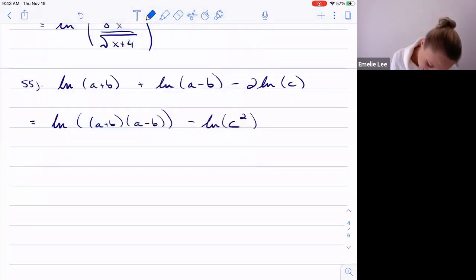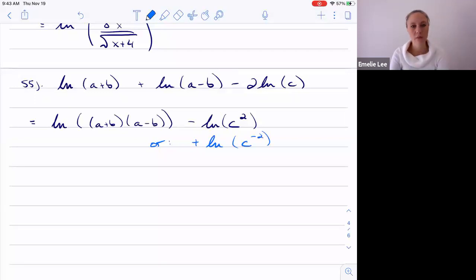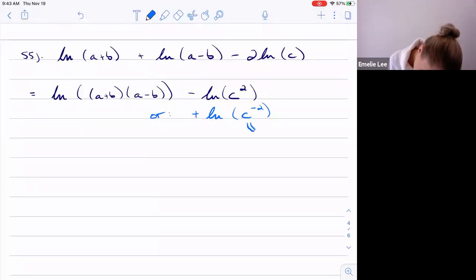Or if you want, plus the ln of c to the -2. That works as well, but c to the -2 is the same as 1 over c squared.